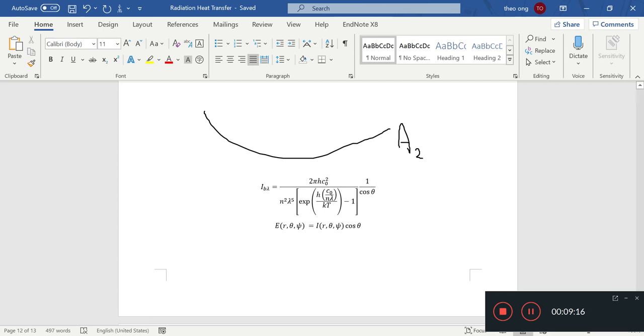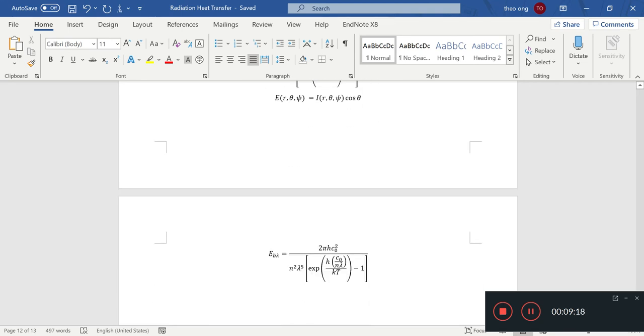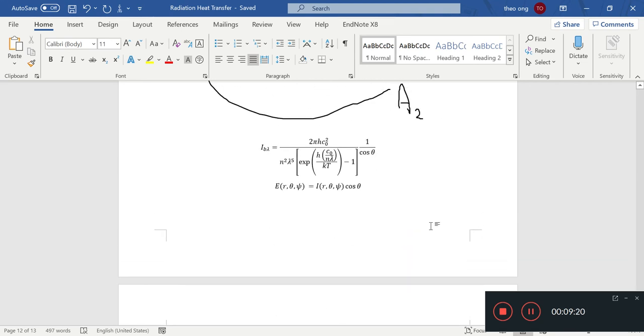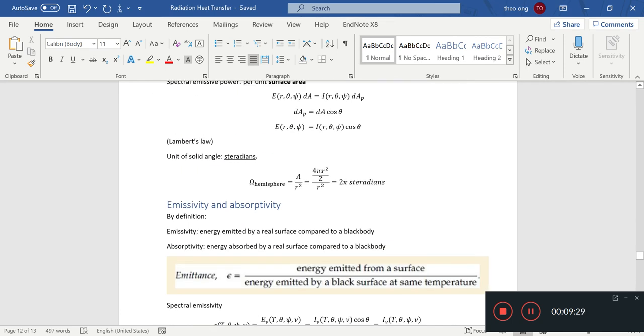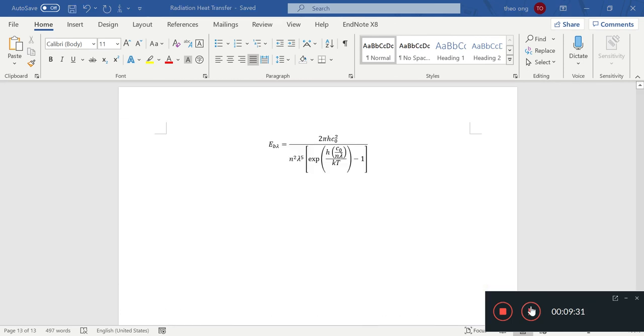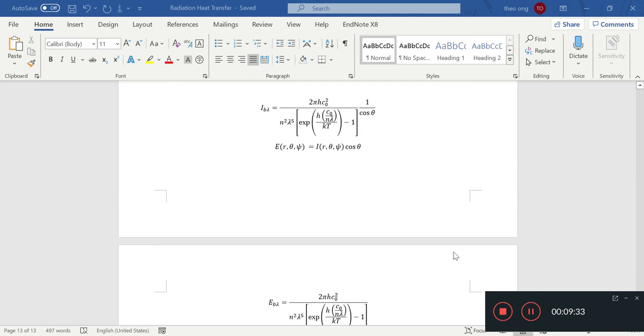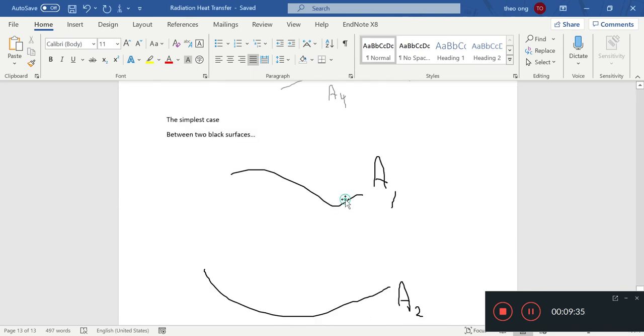And of course, since it's a black body, it does not really matter. We remember how we integrated it to get sigma T to the 4th, because both of these are black surfaces, they will absorb and emit all the radiation coming in. So frequency doesn't really matter.